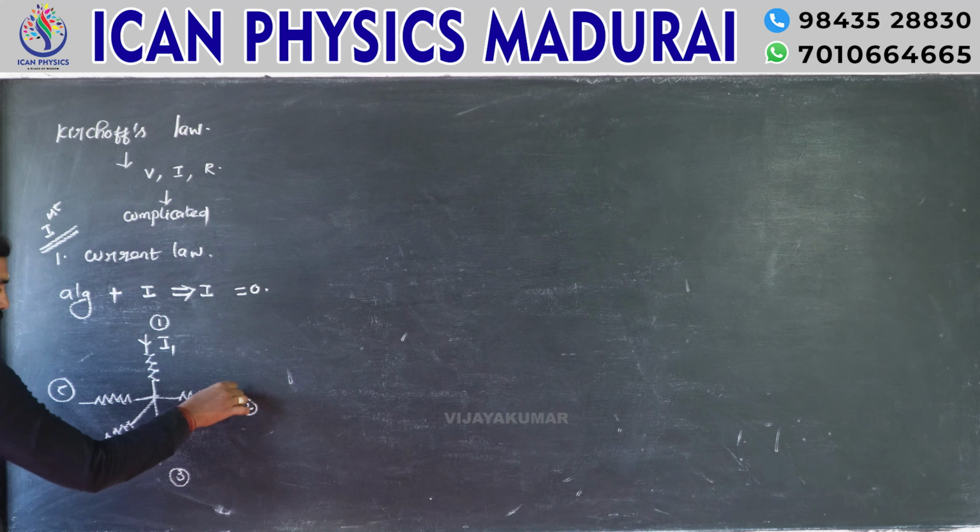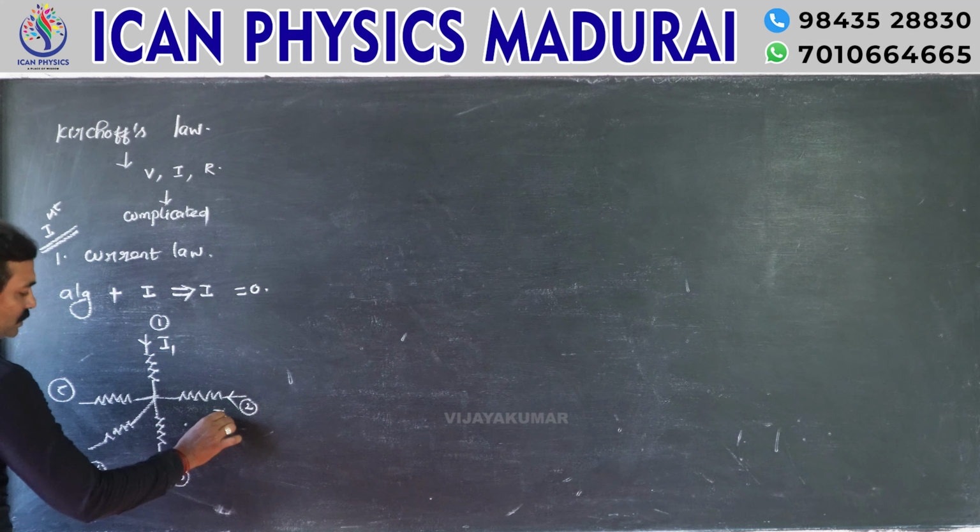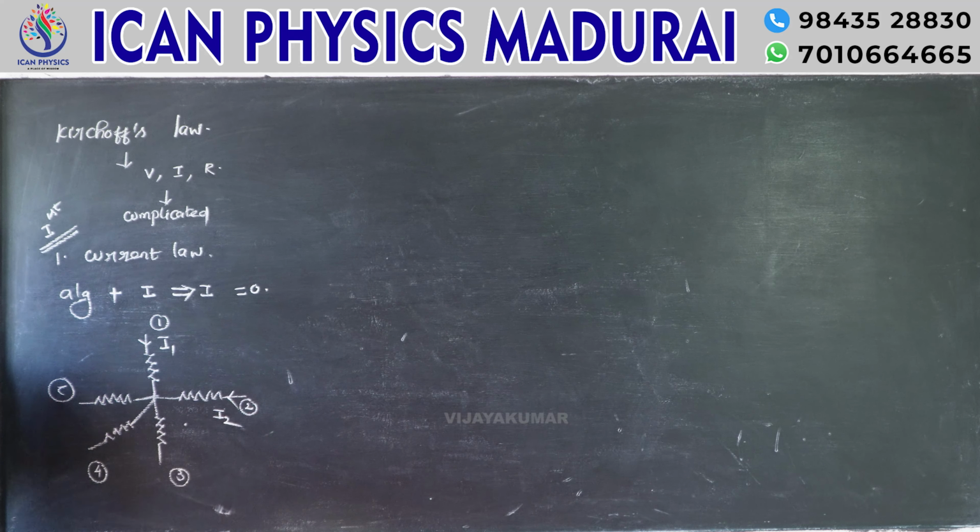In arm 2 the current is moving towards the junction, I2. I3 is the current moving away from the junction in arm 3. I4 is the current moving away from the junction in arm 4. I5 is the current moving away from the junction.